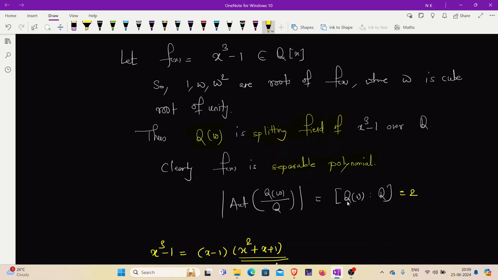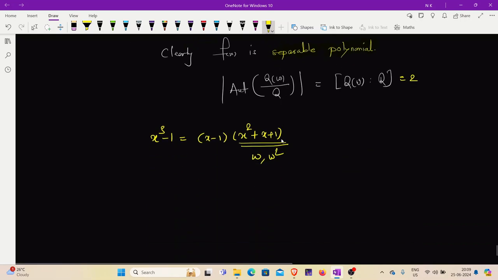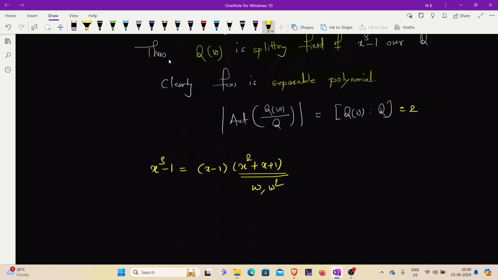So that is the reason Q(omega) is a Galois extension of Q.